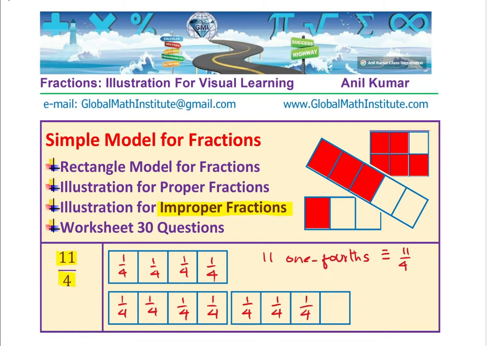You get the idea. So that becomes 11 by 4. Do you see how I did it? I did not divide this by 4. I did not convert it to a mixed number. That is how a grade 2 or grade 3 student will do. So that is how we have to teach them.